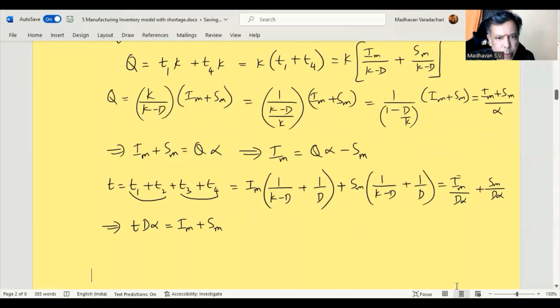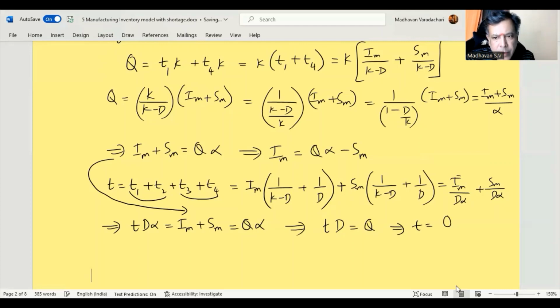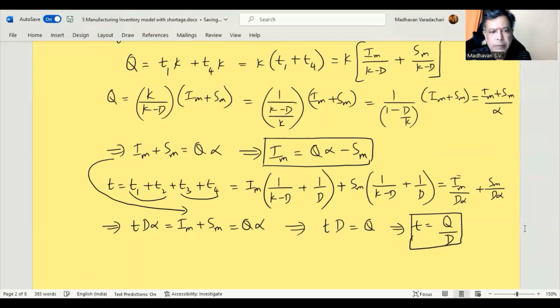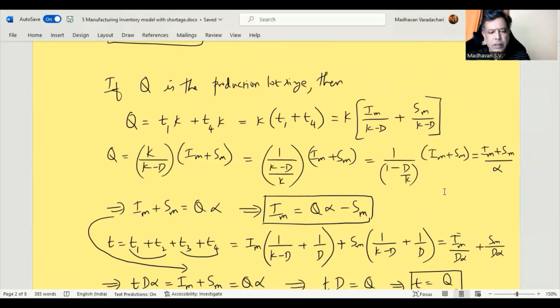Im plus Sm, we know it is Q alpha, so we can equate it to Q times alpha, which means I can cancel alpha on both sides, so we will have TD equal to Q, or T is Q divided by D. So that is one expression we got. We have this expression and we have this expression. So now let us proceed with our cost function.